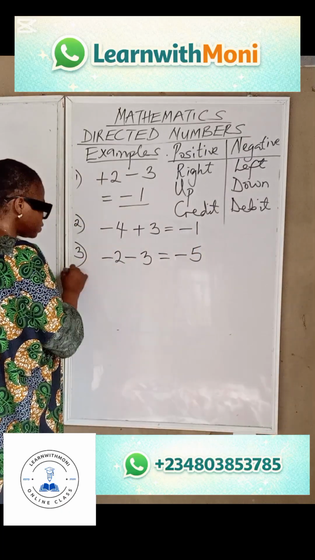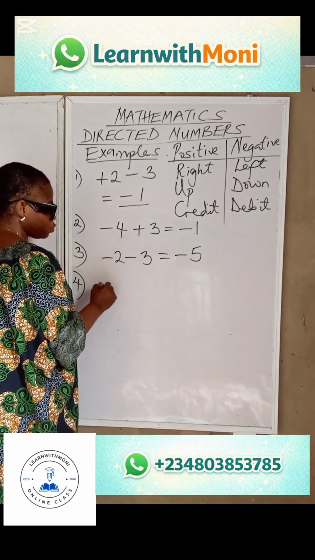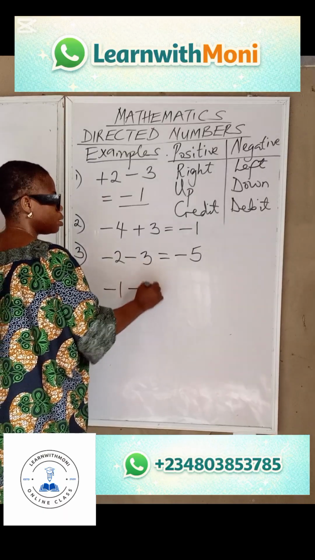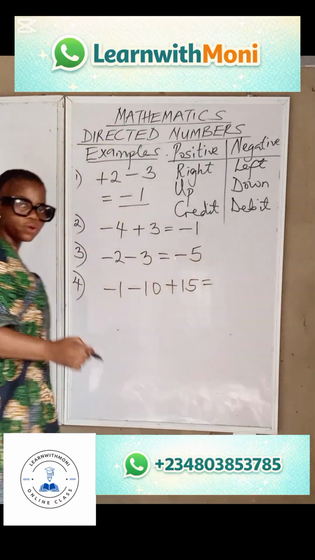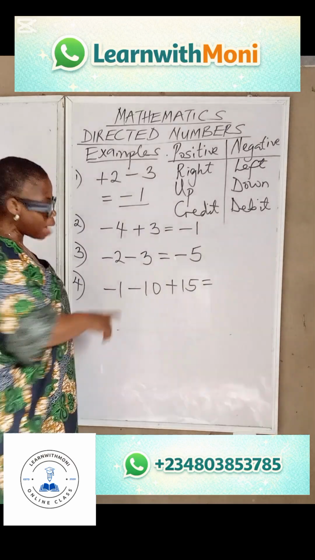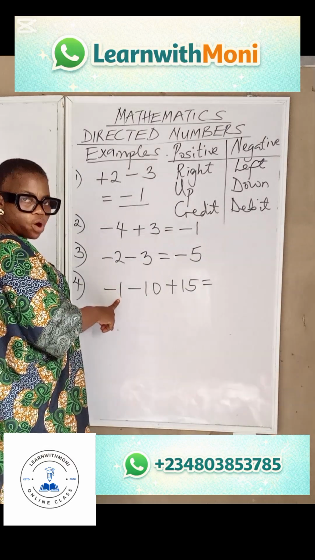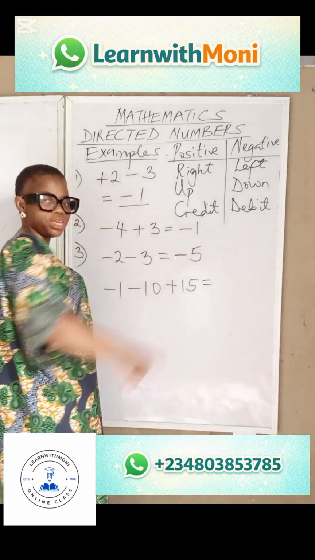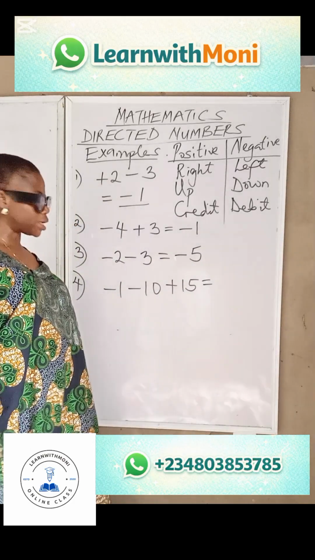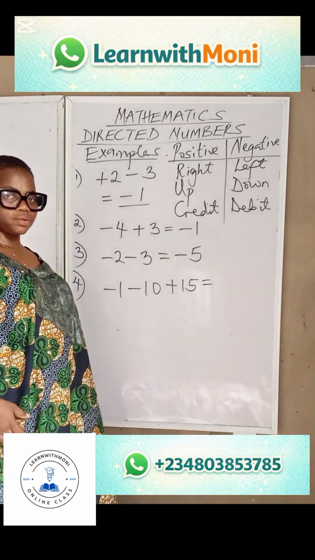It is possible we see a situation like this also. Minus 1, minus 10, plus 15. Look at this situation. I'm owing Taiwo 1, I'm owing Kenny 10, and I have 15 in my account or in my pocket. So let us see.